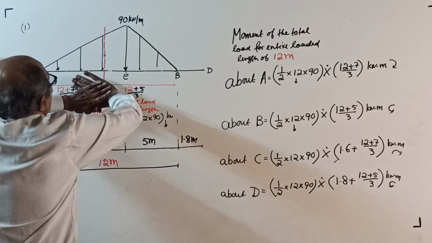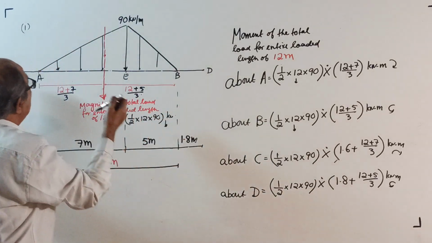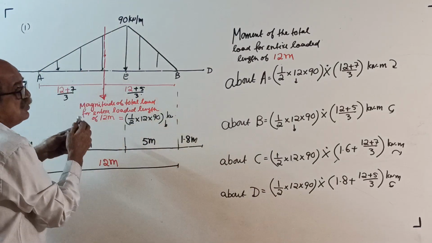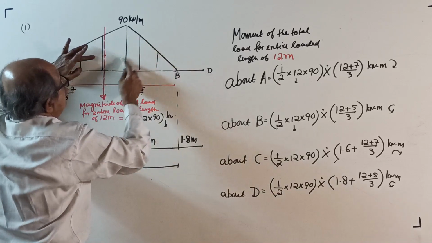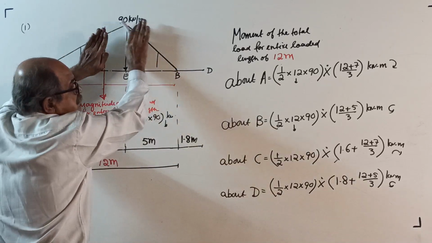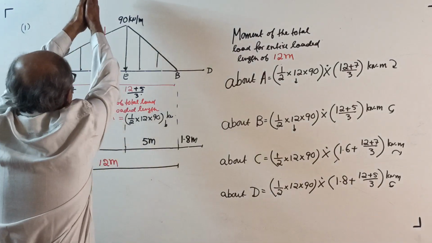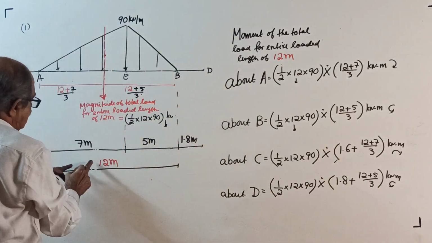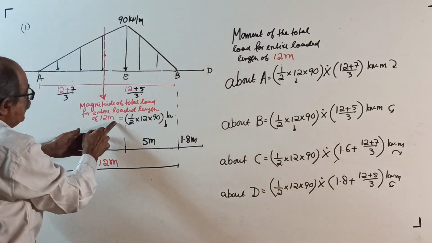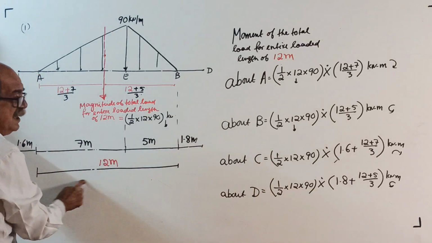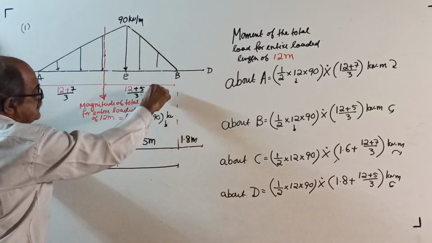Now start. You write here. For the entire loaded length, you take the pen and completely shade the entire loaded diagram. I am not doing it because it will spoil the diagram. You do it. The resultant load will pass this side by 7 and 5 here. So how much? The total load magnitude equals half into the area of the diagram, half into 12 into 90 kilonewton, direction down.